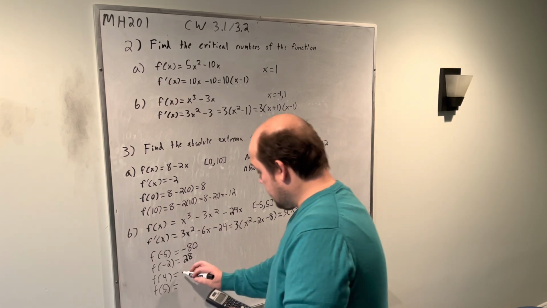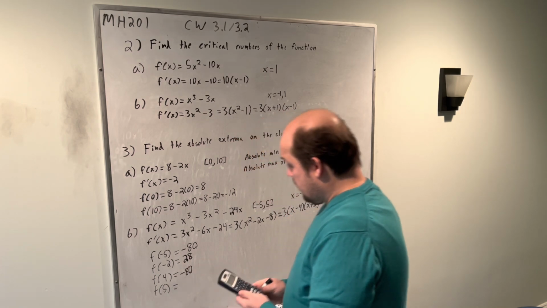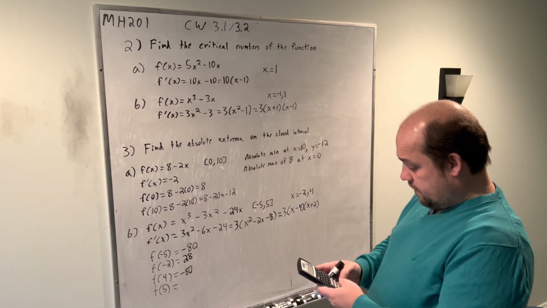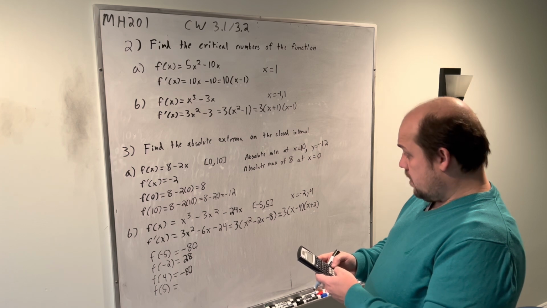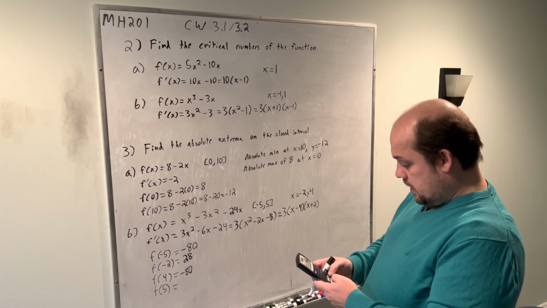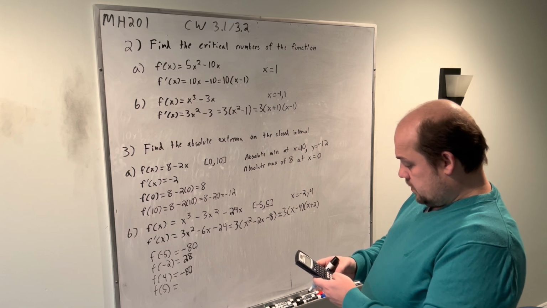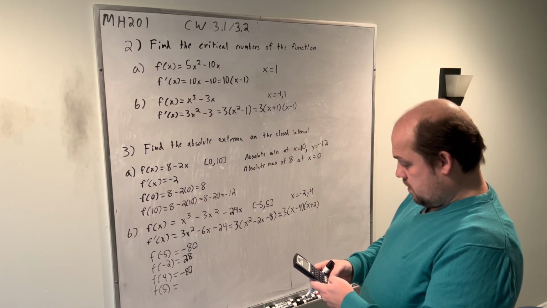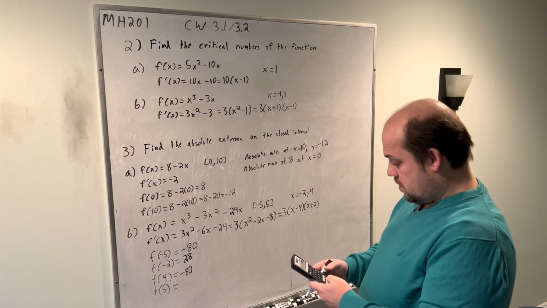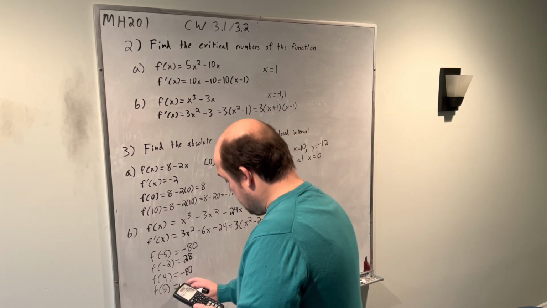When I do that out, I get negative 80. And finally, when I do 5 cubed is 125, minus 3 times 25, minus 24 times 5. I get that to be negative 70.